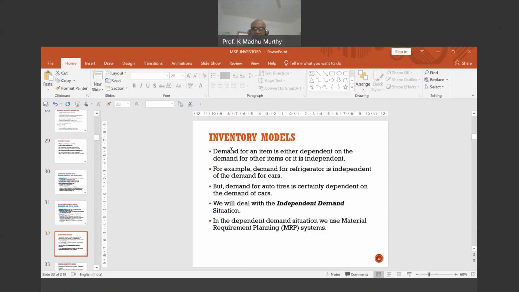For example, demand for refrigerators is independent, as is demand for cars, but demand for auto tires is certainly dependent on the demand for cars. We will deal with the independent demand situation. And in the dependent demand situation, we use material requirement planning systems, MRP, which will be dealt with in a different course.